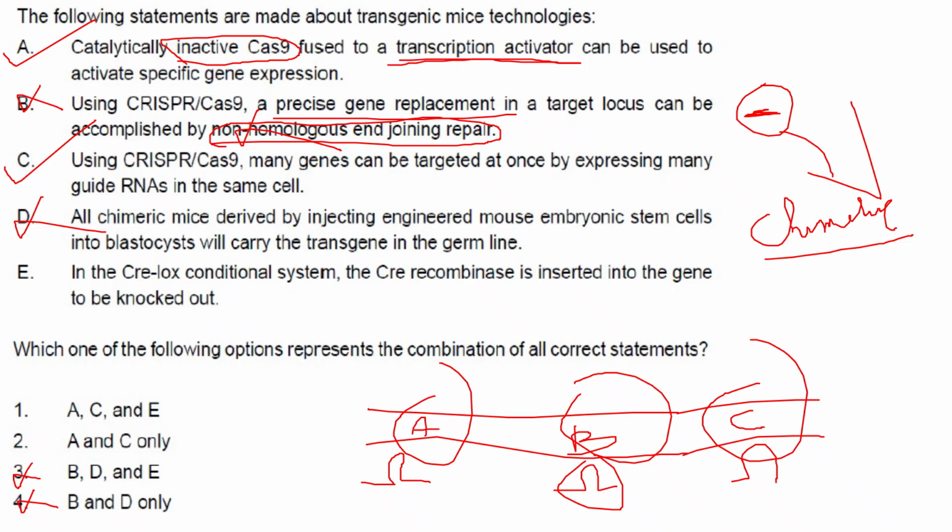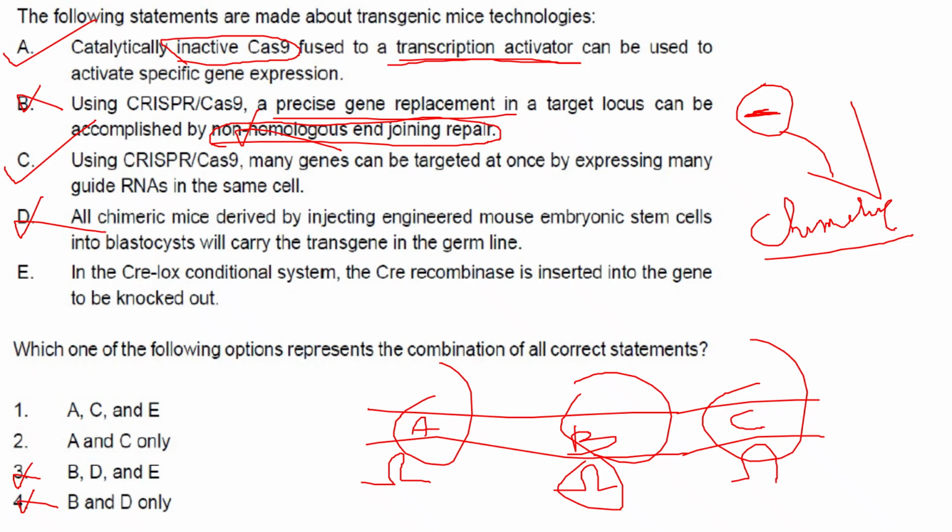So all the offsprings will be chimeric, but it is not necessary that the embryonic stem cells that you have introduced into the blastocyst will carry the transgene to the germ line of these chimeric mice. All the embryonic stem cells need not give rise to the germ line.